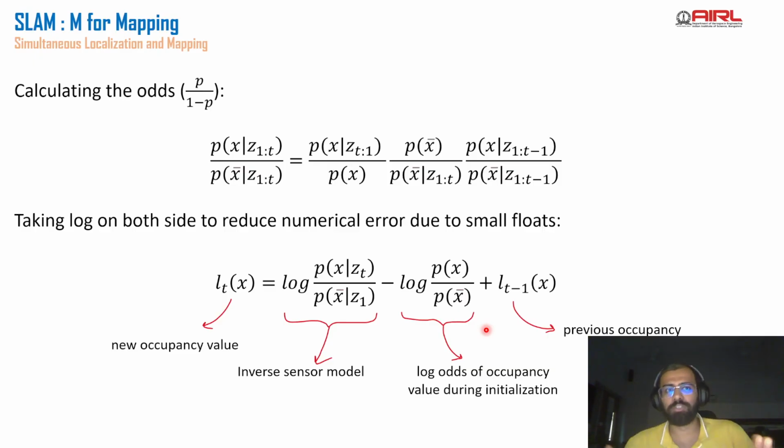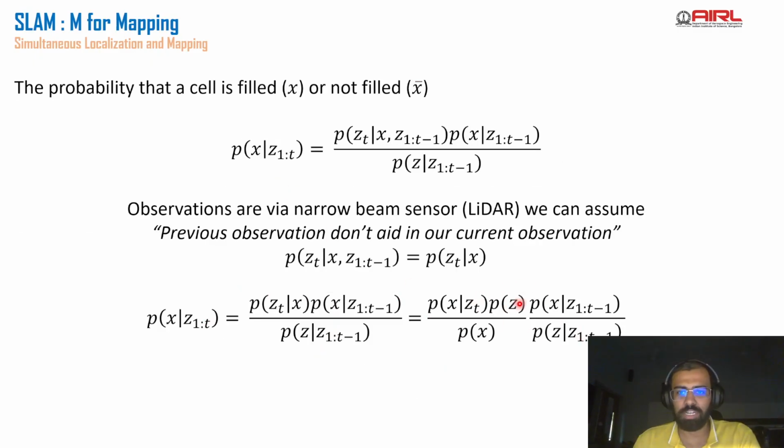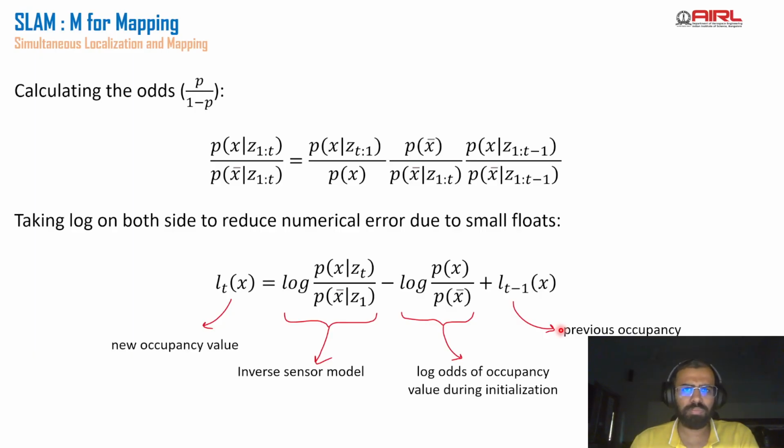That is the odds we're talking about. So P upon 1 minus P. When we try to do that, the Z term will get cancelled out, right? Px and P bar, that's good for us. So this is what we would end up getting as the output of this whole operation.